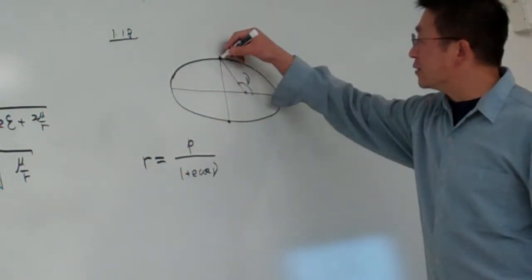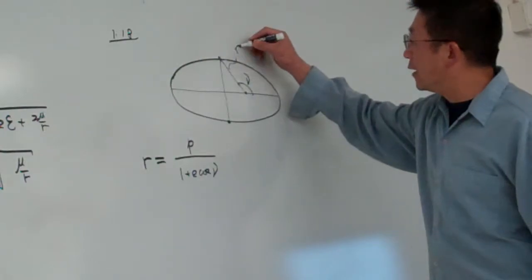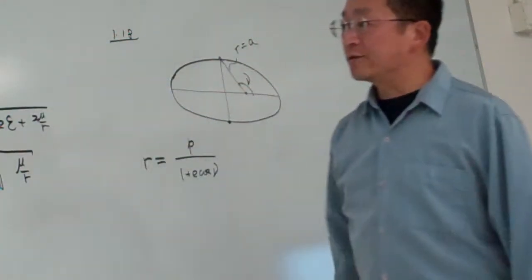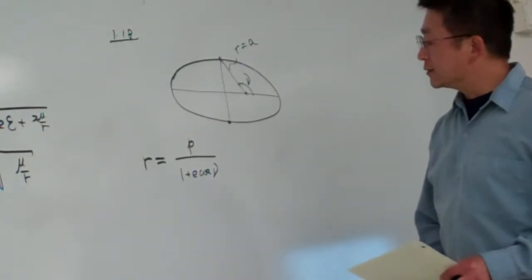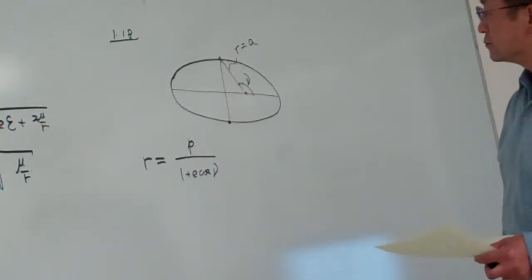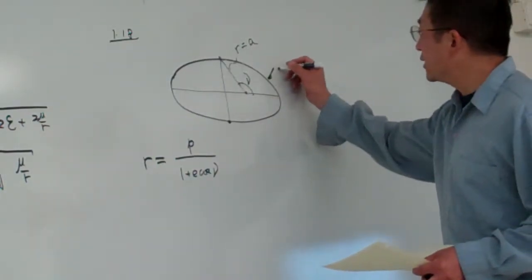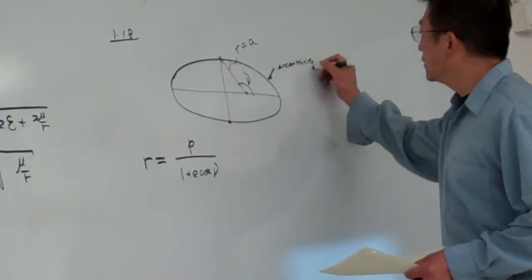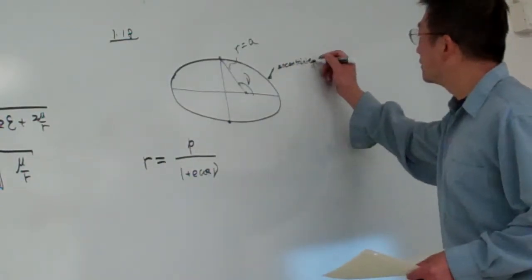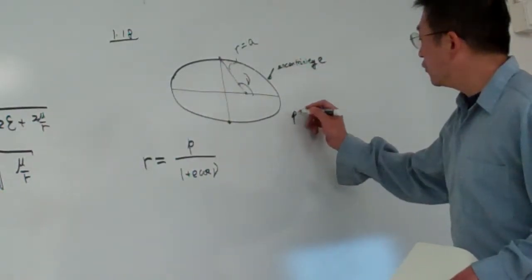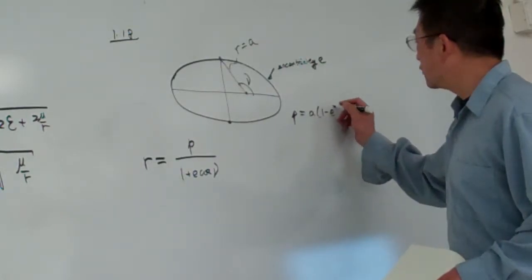And at these particular locations, R equal to A. Okay, the same analysis as we have here. And assuming this one has an eccentricity E, then we know P equal to A times 1 minus E squared.